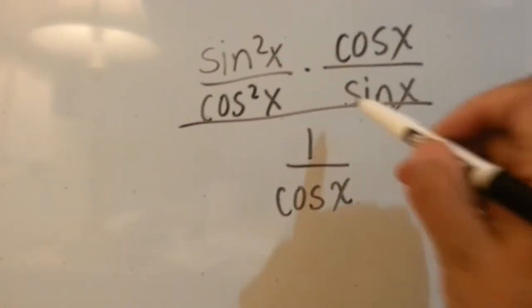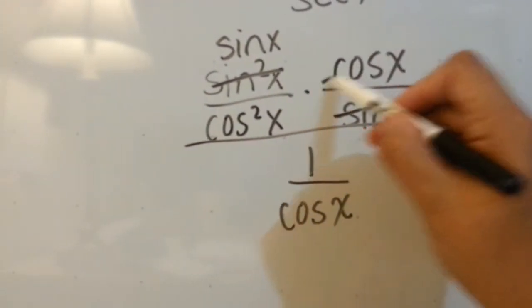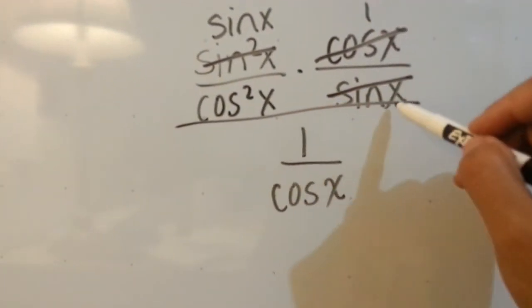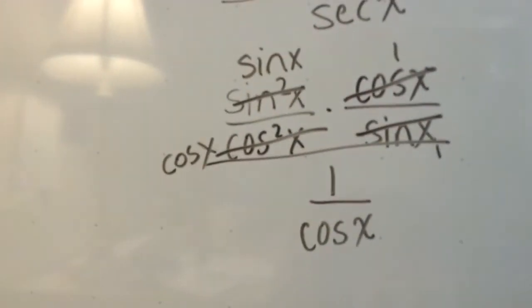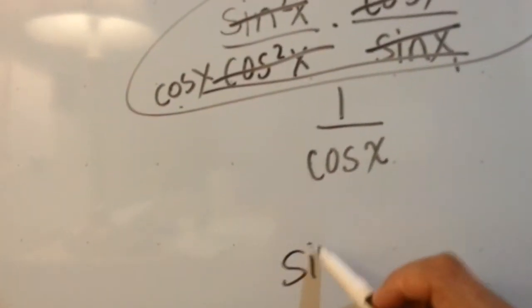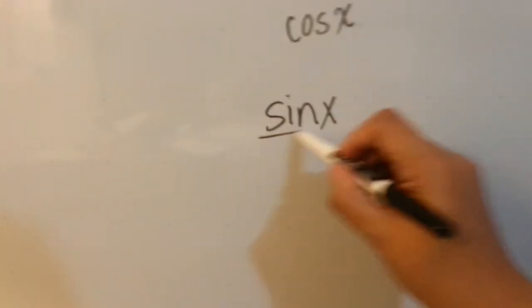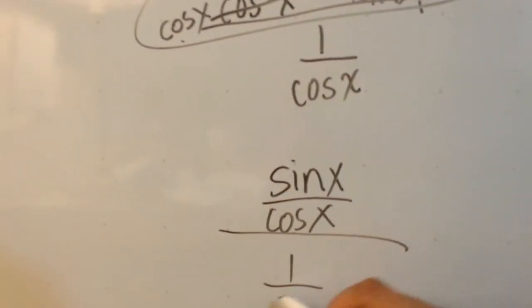Okay, and let's start cleaning this up. That goes away. You've got a sine x over here. That goes away, right? And we've got a cosine x down here. So then the numerator becomes sine x over cosine x, over 1 over cosine x.